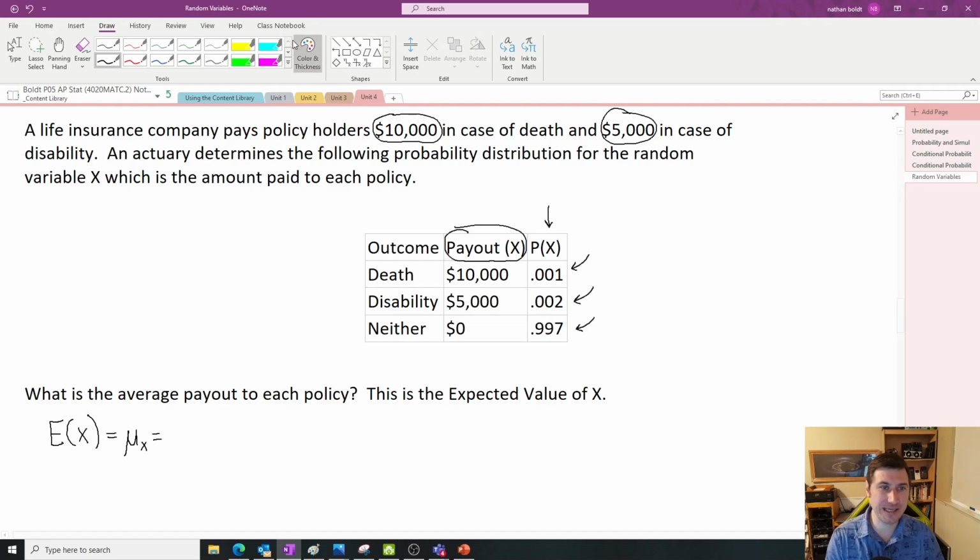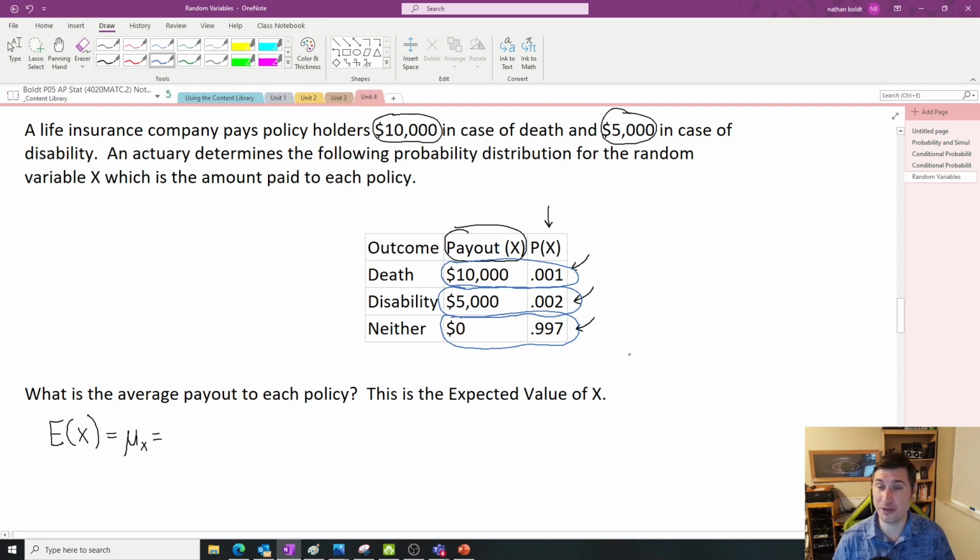So how do we calculate this average? It's actually quite easy. You take the value of X and you multiply it times the probability. Then you add that and you do it again. You multiply X times its probability, you add them together, and the last one as well. Multiply those together and add them up.